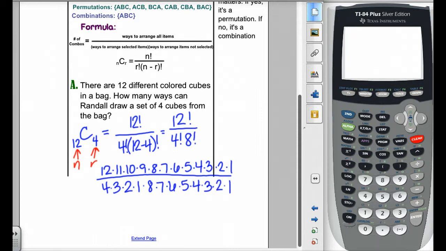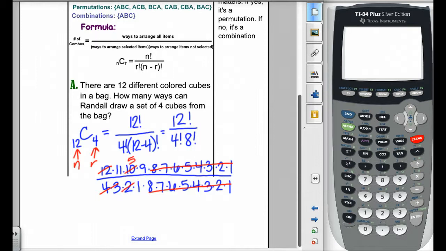The first thing I notice is that 8, 7, 6, 5, 4, 3, 2, 1 can cancel. Then if I take 4 times 3, I can knock out the 12. And if I divide by 2, 10 goes to 5.